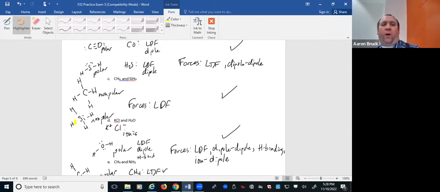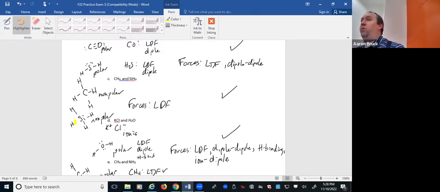So where we can get into trouble is if we don't use those 3-dimensional drawings, we can look at something like H2S or something like water and say, hey, that looks pretty symmetrical. I've got a hydrogen on each side. I've got lone pairs on top and bottom. Maybe it's nonpolar.